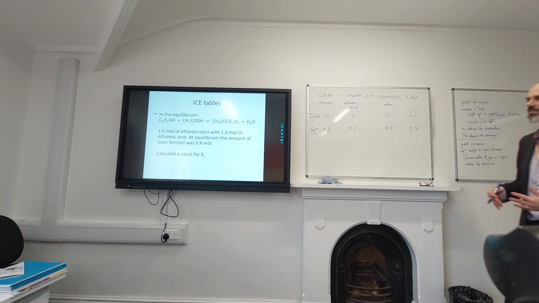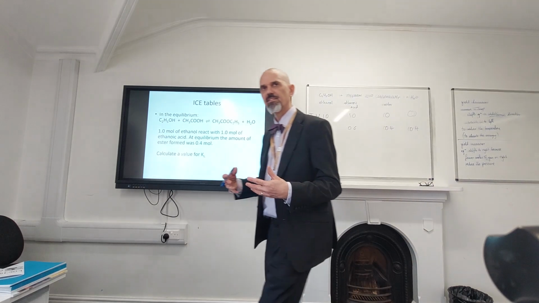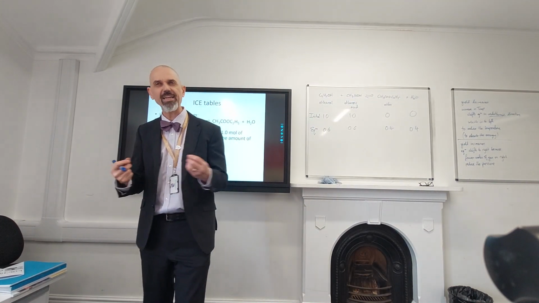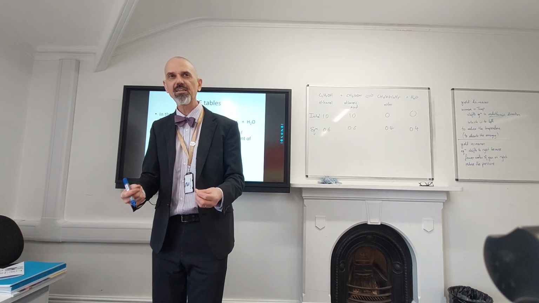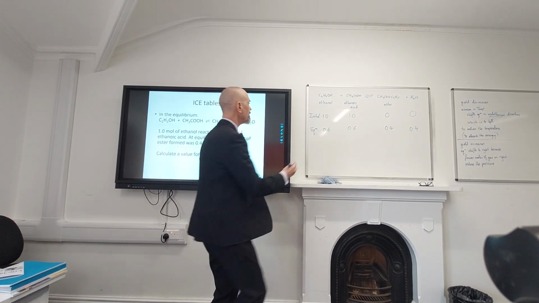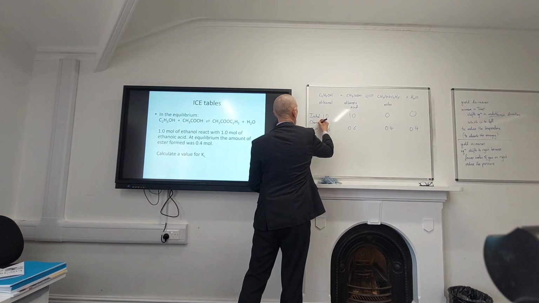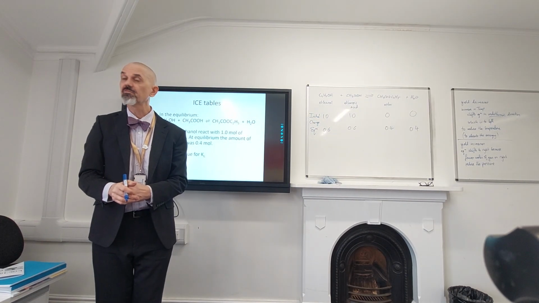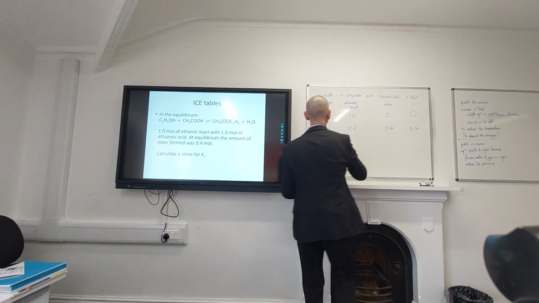Now, hopefully that's fairly straightforward and intuitive, but once we're going to add balancing numbers, things are going to get a bit harder. So what we do is we add a change line to our table.